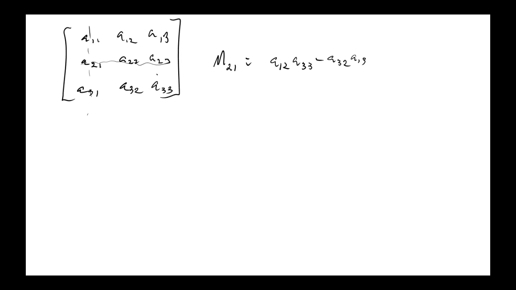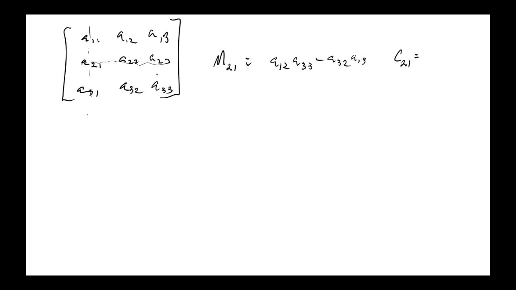A32 if you wanted to. It doesn't matter. That's what you got. That's the determinant of what's left. Okay? Now, that's all that the minor is. Now, the cofactor 2,1 of that same entry, A21, is either plus or minus times this.